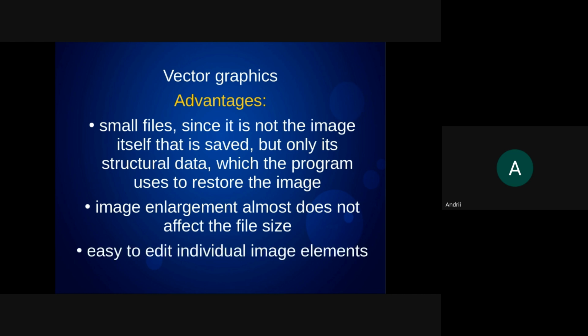And finally, it's easy to edit individual image elements. So if you have a vector graphics file, you have a collection of different shapes in there. And if you want to move one shape left or right without touching the other ones, it's very easy to do. You just click on it, and you use your mouse to move it left or right and wherever you need.